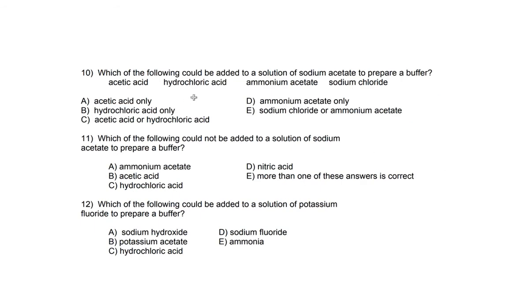Ten. Which of the following could be added to a solution of sodium acetate to prepare a buffer? Okay, so sodium acetate is C2H3O2 and Na. But we know the Na is going to be a heartbreaker, so it's automatically going to delete. So I'm going to end up with C2H3O2 minus. So in order to make a buffer solution, definitely acetic acid, because I have a conjugate acid-base pair.